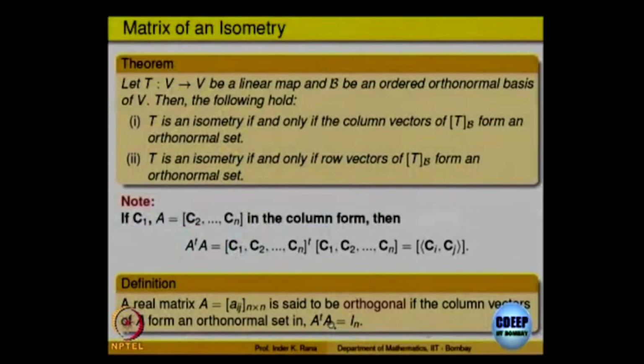So the matrix of an isometry is an orthogonal matrix. You can rewrite this theorem: T is an isometry if and only if its matrix is an orthogonal matrix. Saying the row vectors are orthonormal is the same as saying that not only A transpose A is identity, A A transpose also is identity.